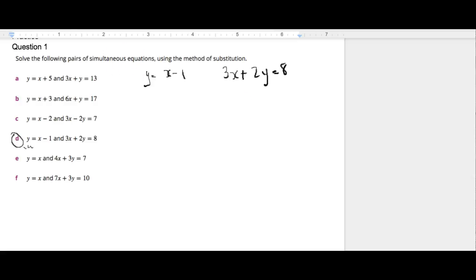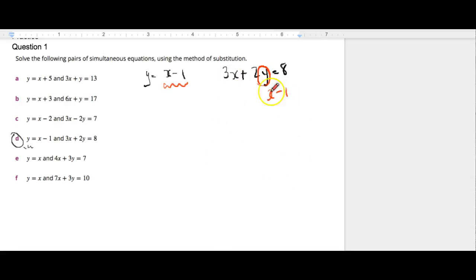The substitution method is just like substitution you've done before, but you've done it with numbers, not really equations. We have this x minus 1, and because it's y equals x minus 1, this y here is also x minus 1.